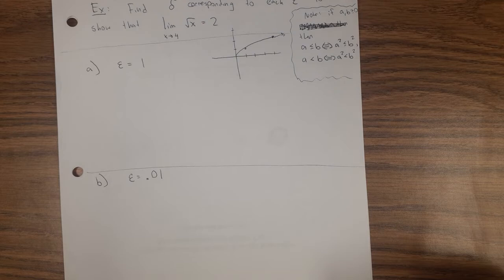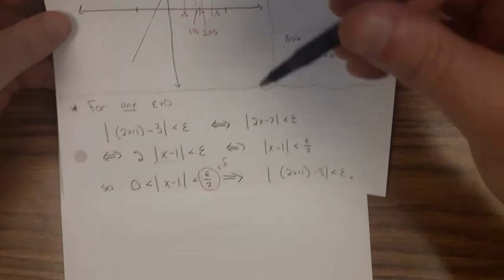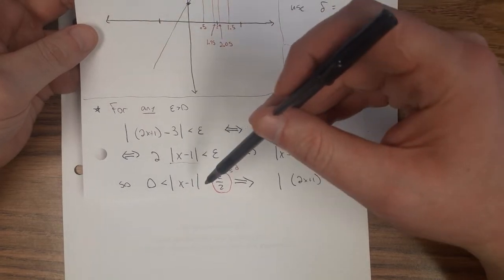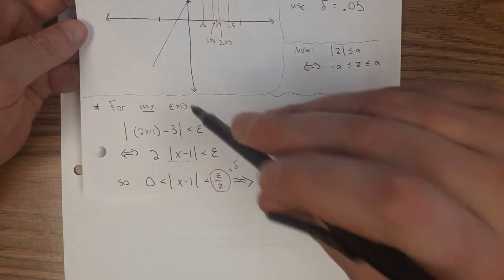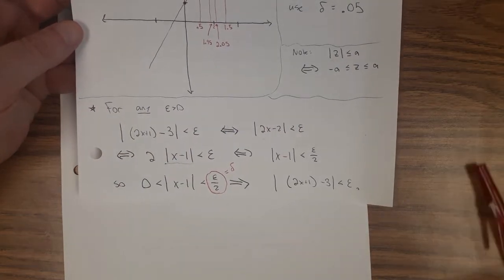But like I said, that's probably the last time I'm going to quite do this, where we actually find a delta for every possible epsilon.